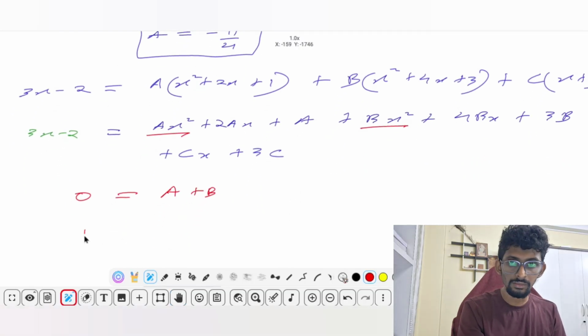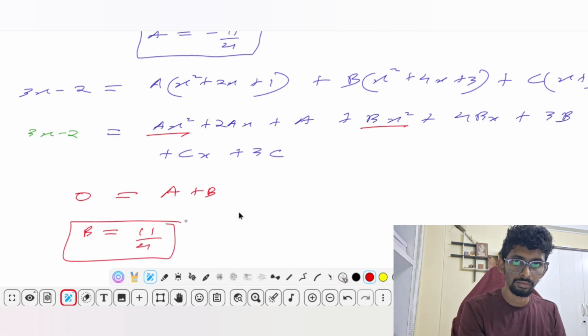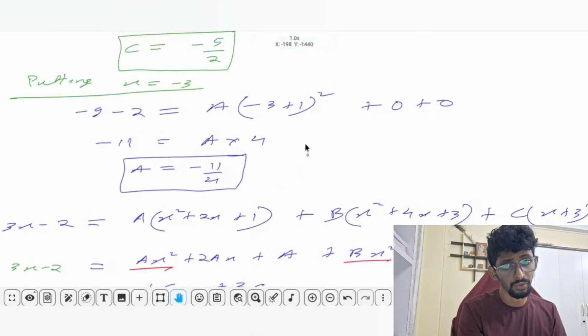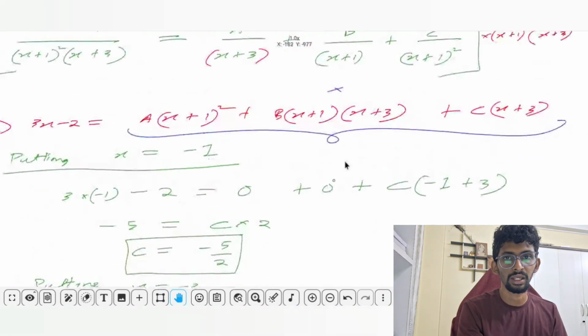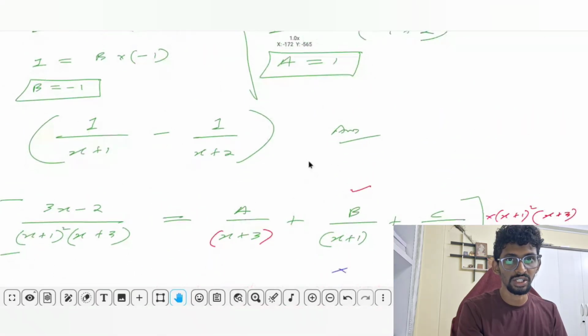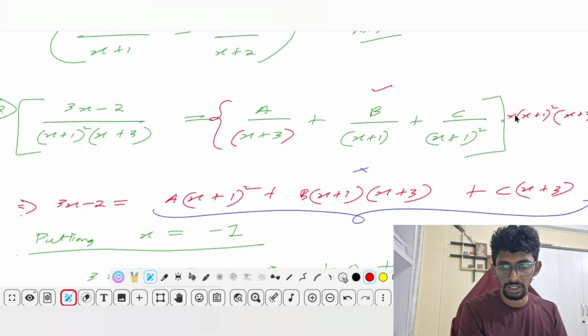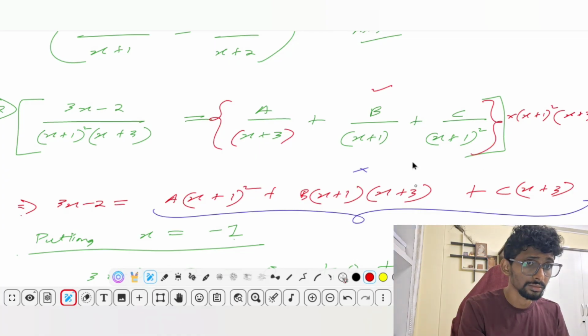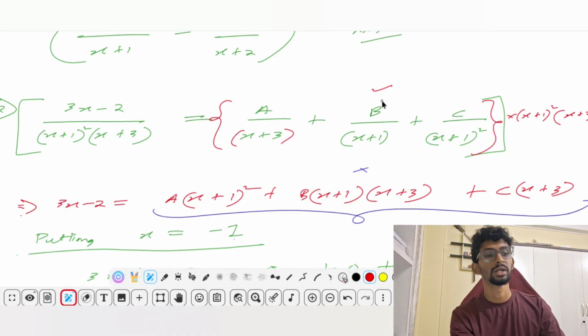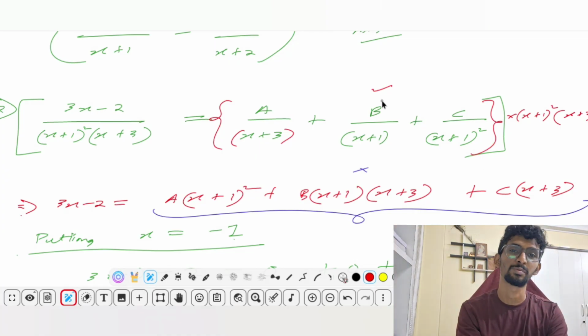So b will be plus 11 by 4. I just substituted the value of a here. So I got the value of b, I got the value of a, I got the value of c. So just put those values in this equation, that is in this form, and that will be the decomposed form of this partial fraction.